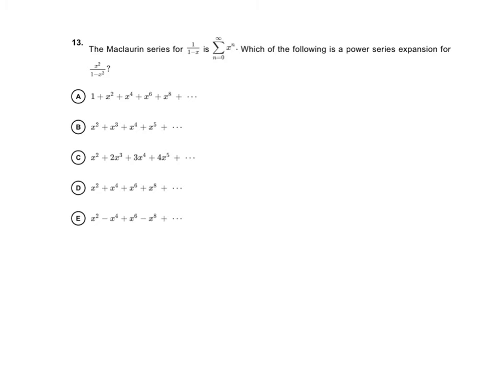So I'm going to first expand this. So 1 over 1 minus x, if we expanded the series on the right, this would be 1 plus x squared. And so that means that 1 over 1 minus x squared, just plugging in x squared for everything.